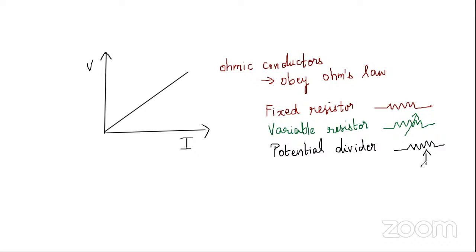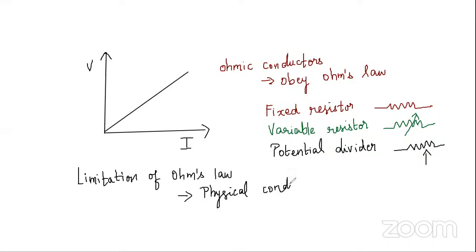Now, what are the limitations of Ohm's law? The limitation of Ohm's law is very simple. Only when the physical conditions remain constant is Ohm's law applicable. The limitation of Ohm's law is nothing but that the physical conditions should remain constant.